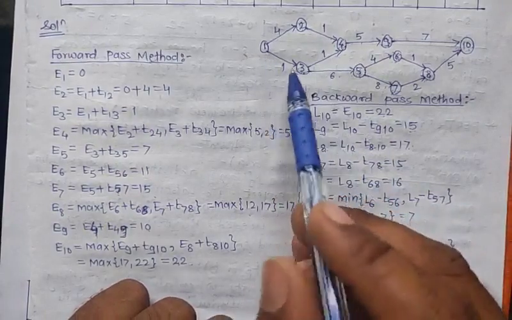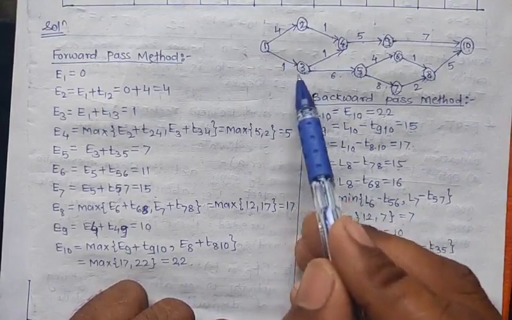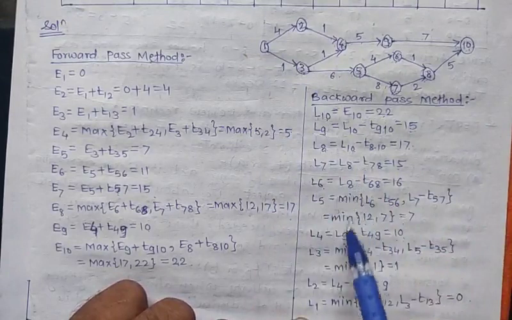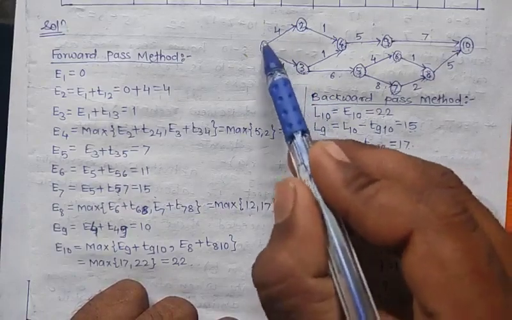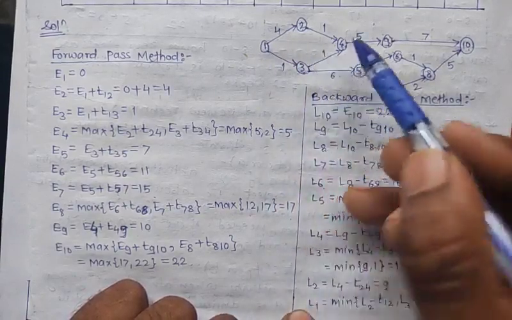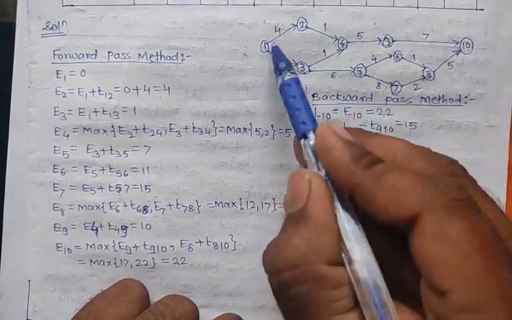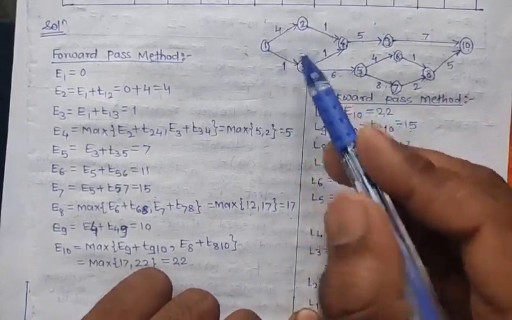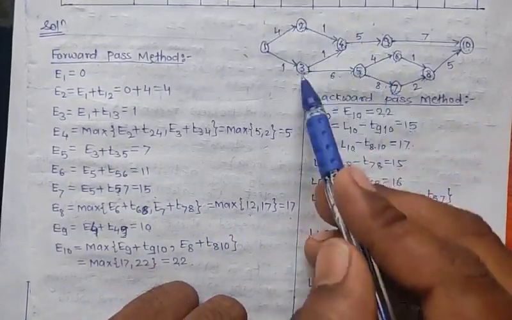Next calculate L1. For L1 there are two outgoing arrows, to the second and third events. Now we calculate the minimum between these two: L2 minus T12 and L3 minus T13.